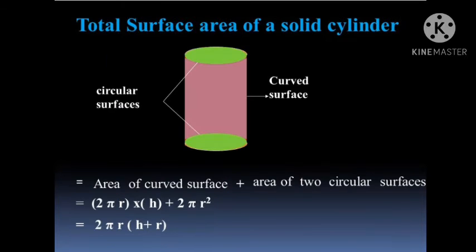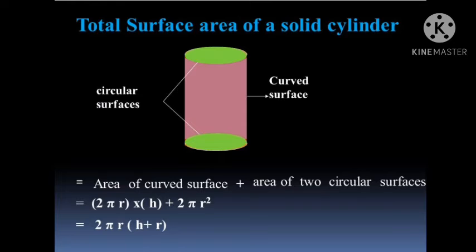Next we have to find total surface area of a cylinder. Observe the figure. Do you find that it is a right circular cylinder? What surfaces do you have to add to get its total surface area? They are the curved surface area and the area of two circular faces.